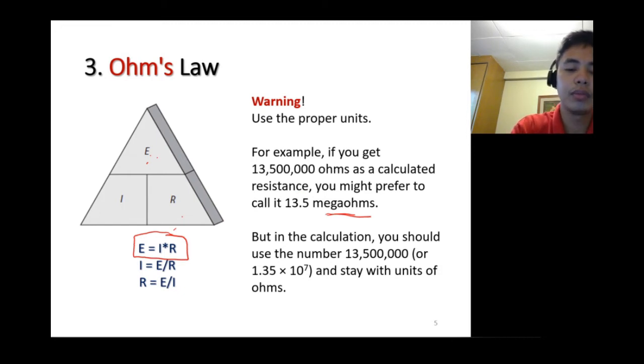Sometimes when you write it in your circuit or draw a schematic, you will just use 13.5 mega ohms, so you don't write this big number. But when you calculate, remember to use the standard unit or standard value.